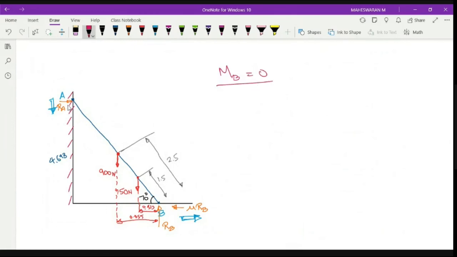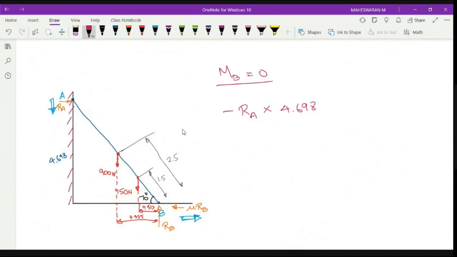So RA, force into perpendicular distance. RA into 4.698. It is rotating clockwise, right? So negative. So minus RA into 4.698.